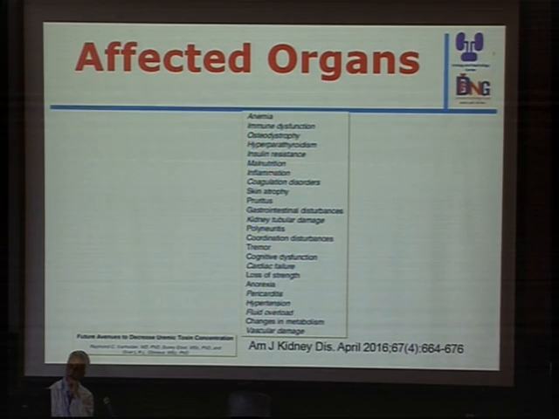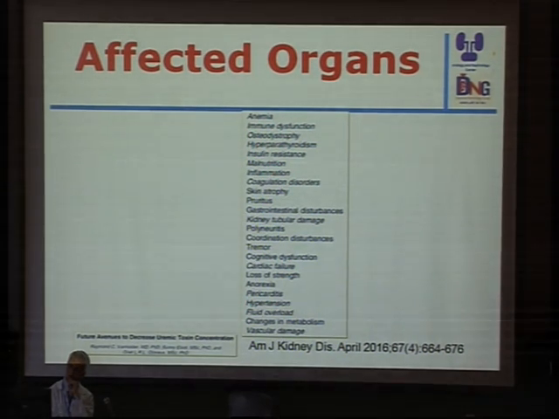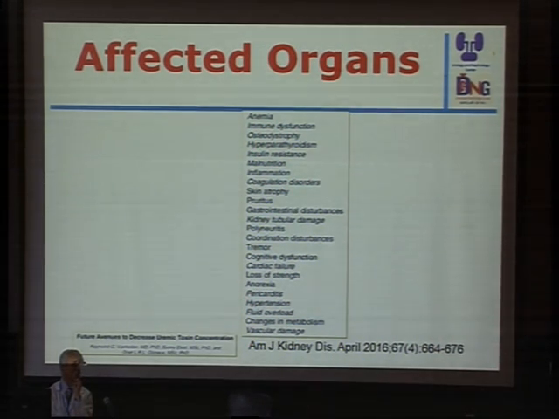And malnutrition and inflammation are very important because they share in killing the patients. Coagulation disorders, skin atrophy, pruritus, gastrointestinal disorders, cardiac failure, bronchitis, anorexia, pericarditis, hypertension. So nobody is exempted. So uremia affects the whole human body from hair to toe.